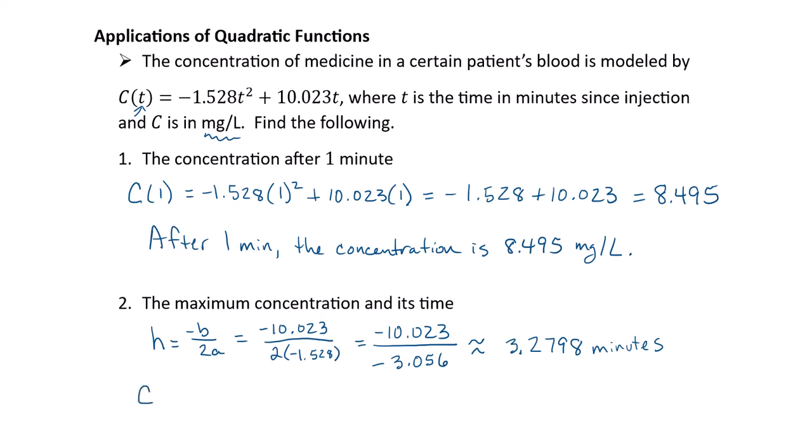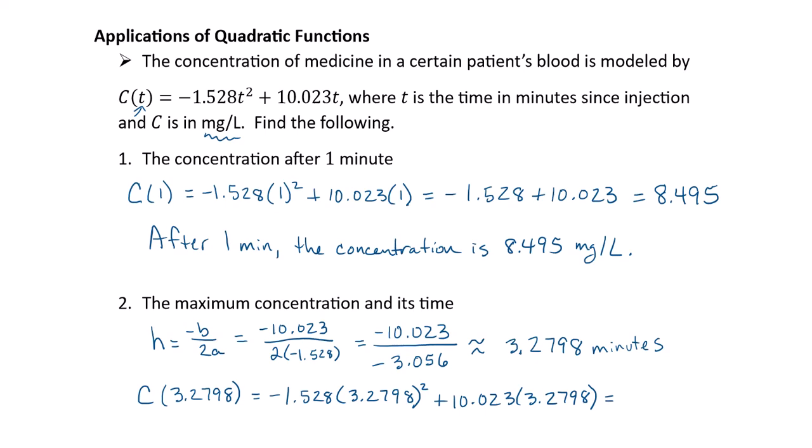So we're taking C of that 3.2798. That's going to be a negative 1.528 times 3.2798 squared plus 10.023 times 3.2798.